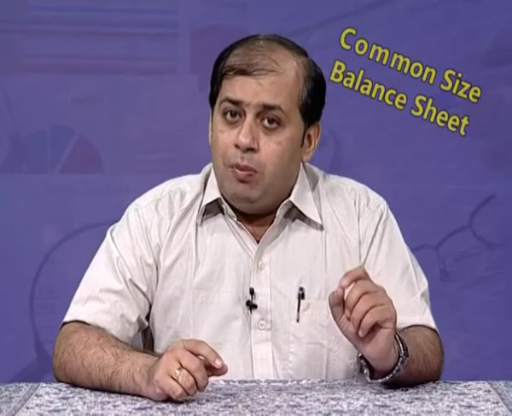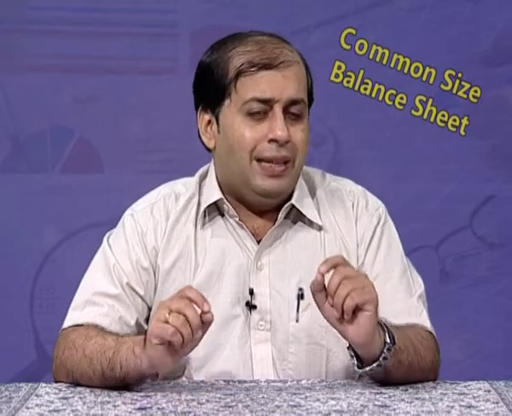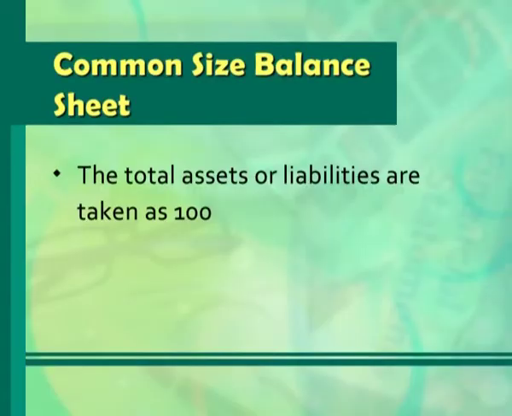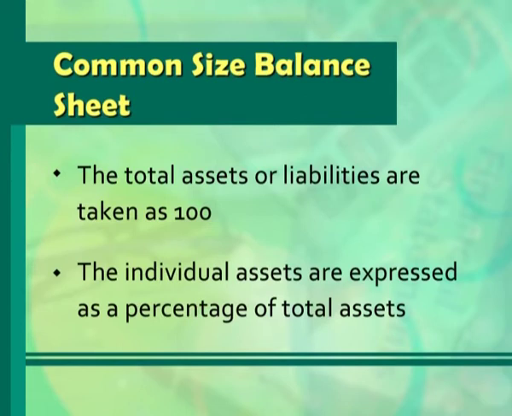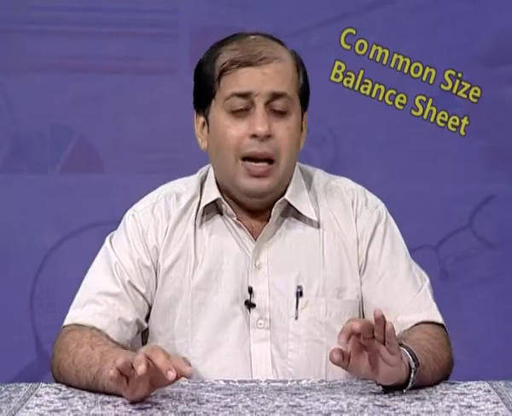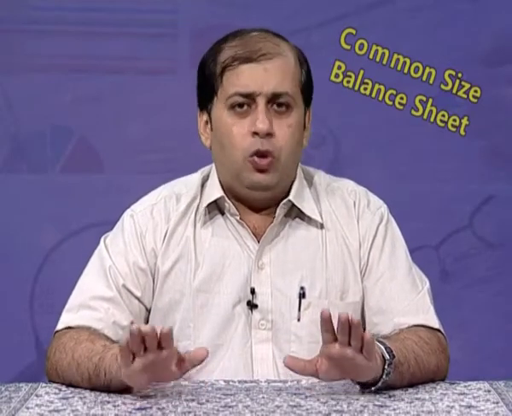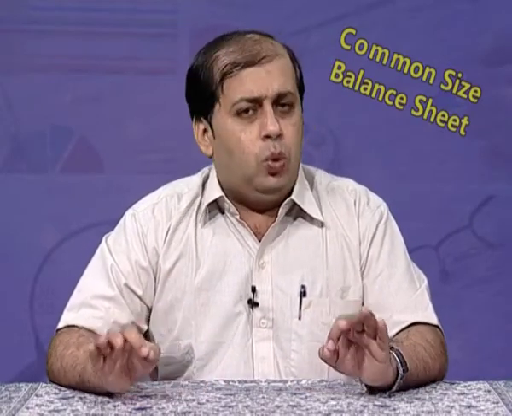Thus, the common size statement may be prepared in the listed way. The total assets or total liabilities are taken as 100. The individual assets are expressed as a percentage of total assets, that is 100, and different liabilities are also calculated in relation to total liabilities.